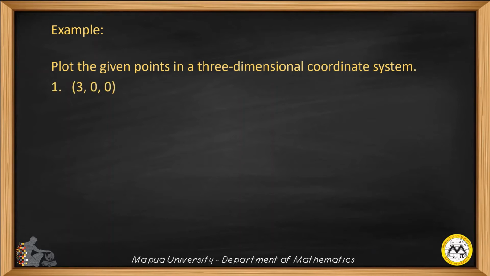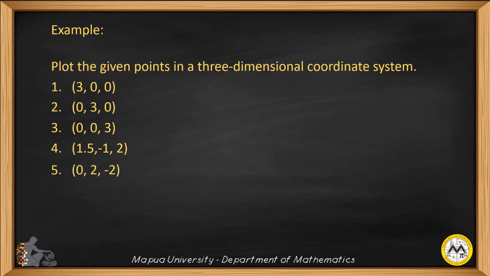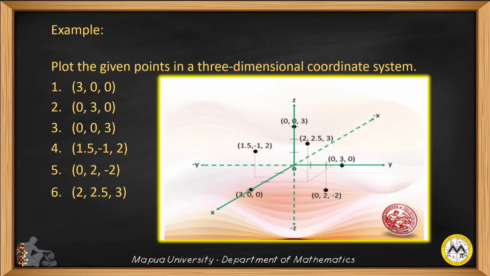We have point 1, the point (3, 0, 0). We have another point given by the coordinates (0, 3, 0). Then we have (0, 0, 3), (1.5, -1, 2), (0, 2, -2), and (2, 2.5, 3). So how do we locate them in space? We work on it this way.